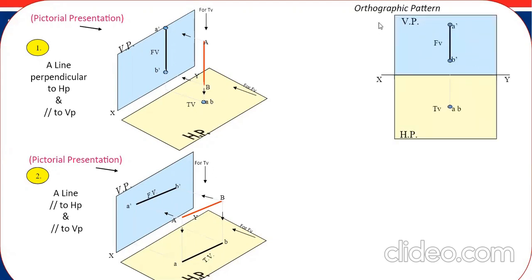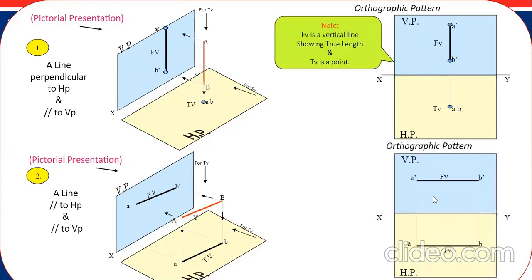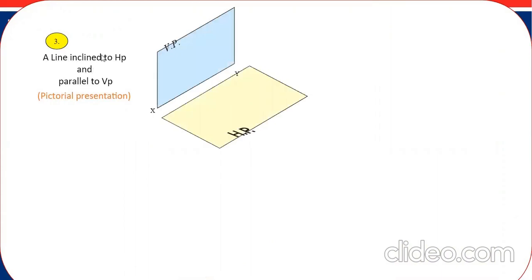Now this is the orthographic pattern. So front view and top view of the first case, and in the second, we get two lines, meaning this AB top view and A dash B dash front view. Now third case, a line inclined to HP and parallel to VP. So the line has some inclination with the horizontal plane and is parallel to VP.